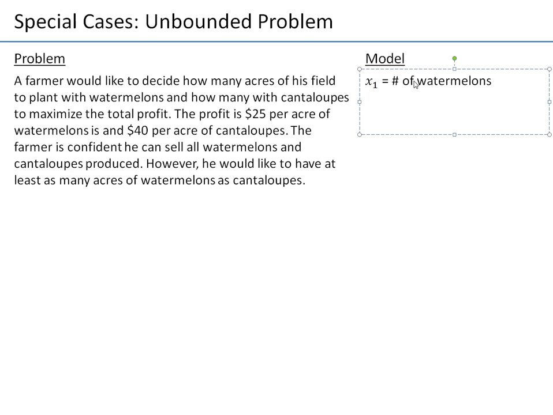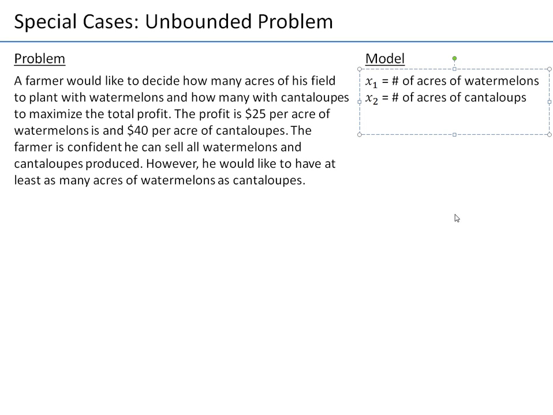So writing it this way, you'd have to figure out how many watermelons there are per acre, because an acre gives you $25. An acre of watermelons, not one watermelon. And this is actually not given, so it would be difficult, if not impossible, with this information to write a mathematical model. Of course, the correct definition would be the number of acres of watermelons, and the second variable would be x2, the number of acres of cantaloupes.